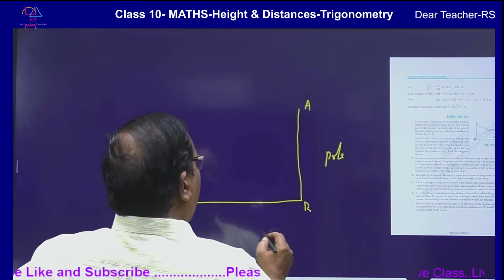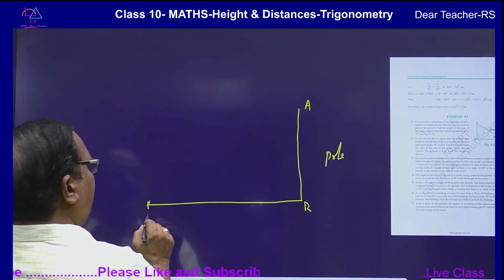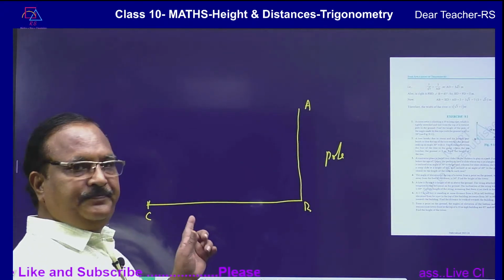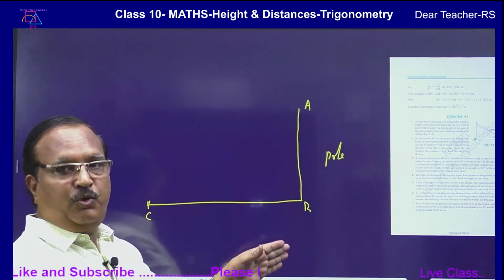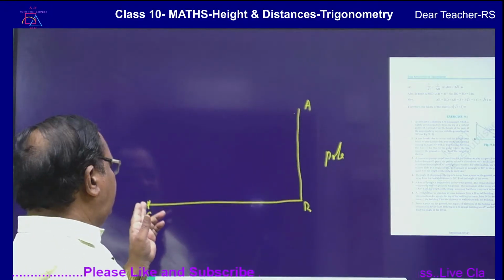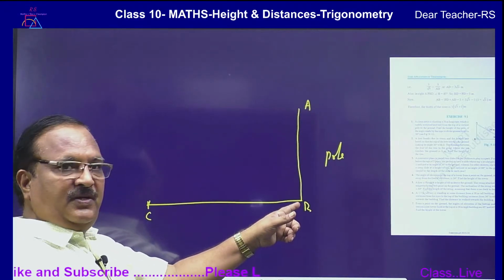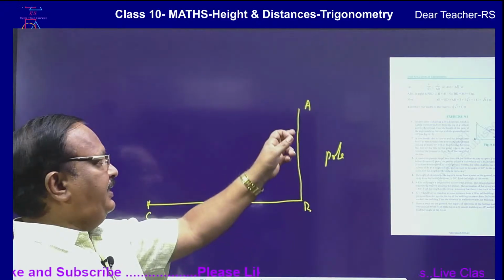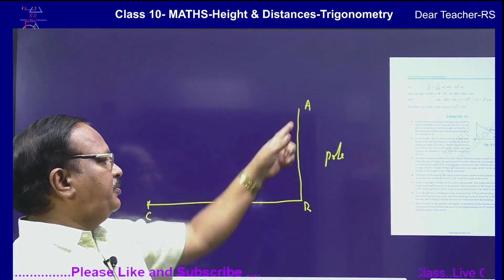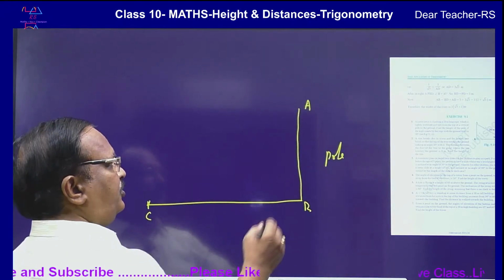Now one observer is there. Observer means a person is observing the pole. This person is observing the foot of the pole and top of the pole. A is known as top of the pole and B is a foot.